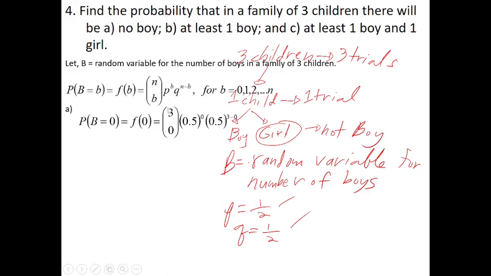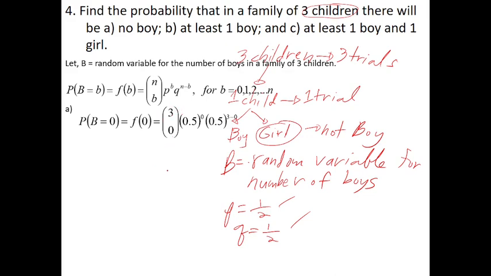Itong n pala, ito yung maximum number ng mga pwedeng maging boys dun sa 3 children. Di ba? So itong 3 children, pwedeng lahat boys, right? So therefore, n is equal to 3.